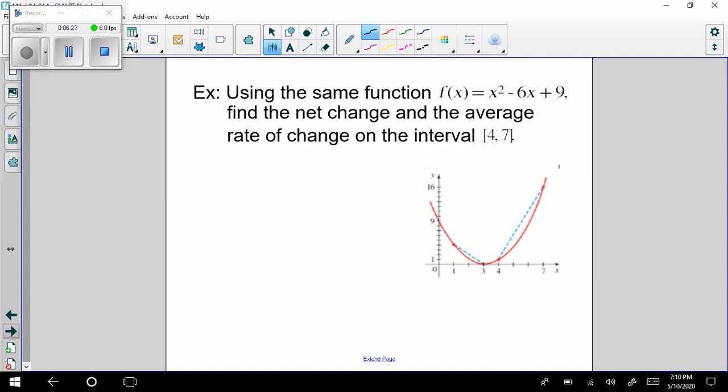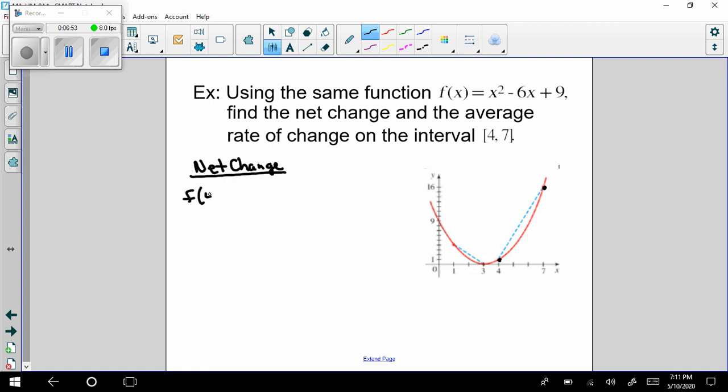Okay, so we're going to use the same function, except now we're going to go from 4 to 7. So that net change, okay, so remember this net change should be positive because we're starting at 4, we're going to the right to 7, and that y value is increasing.